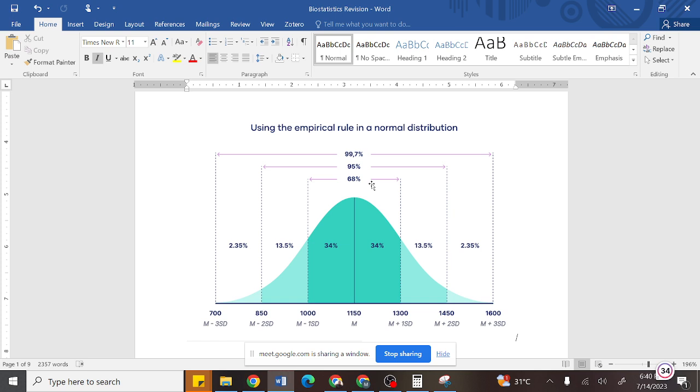For example, if I have a school and I'm going to buy uniforms for the pupils, and the average waist size is, let us say, 24, I will know that most of the students, at least 68%, will have 24 plus 4 or 24 minus 4.